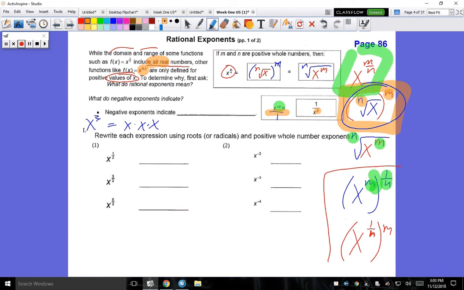So, let me give you an example. What if I had 2x to the negative p? How would you write that the way that I'm saying? So this one is actually 2 over x to the p. And the reason of that is that PEMDAS, we got to be very careful with PEMDAS. There's a multiplication here, but then there's an exponent there.